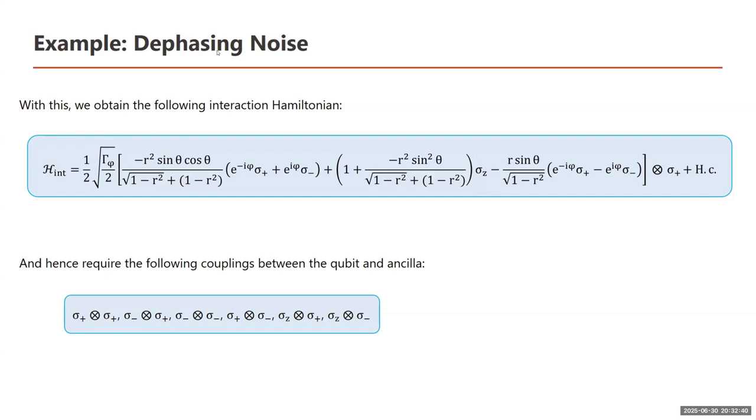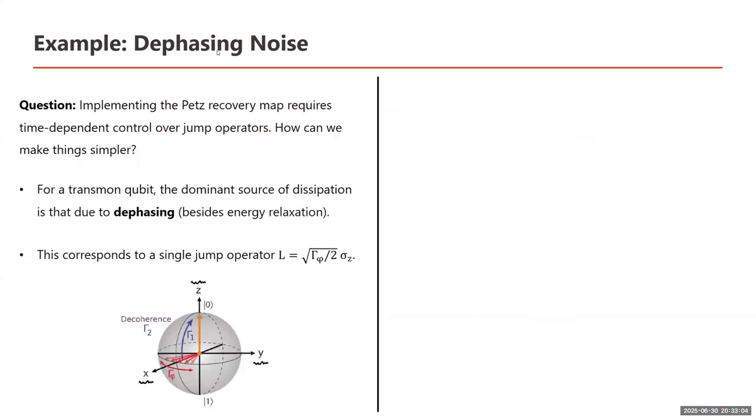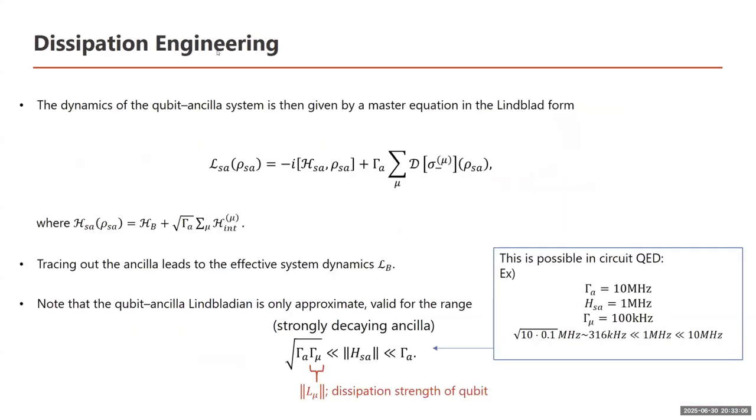So I have a quick question. What's, I guess, the selling point of the continuous Petz recovery map? When would I want to use standard error correction, and when would I want to use the Petz recovery map? There's a trade-off.